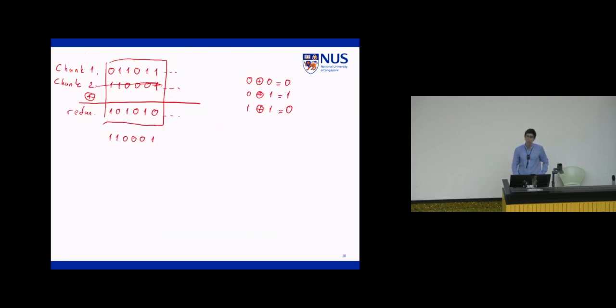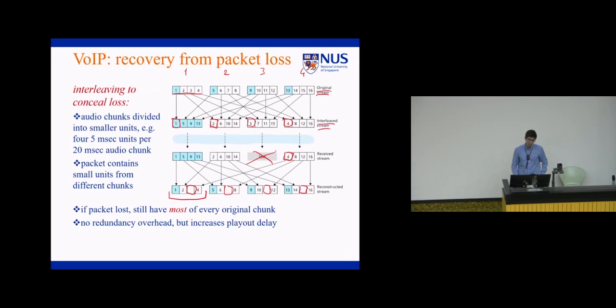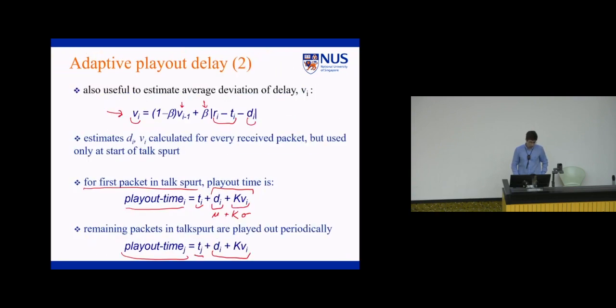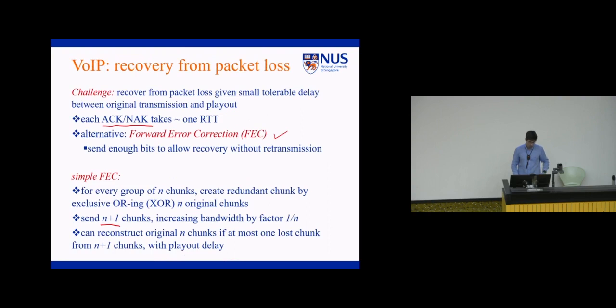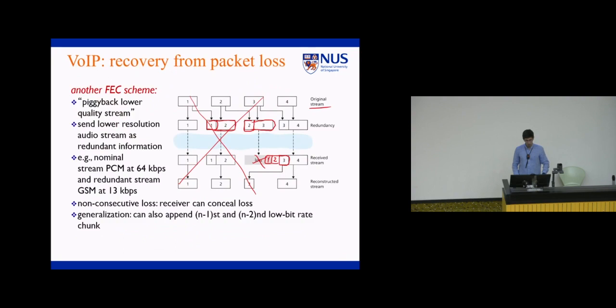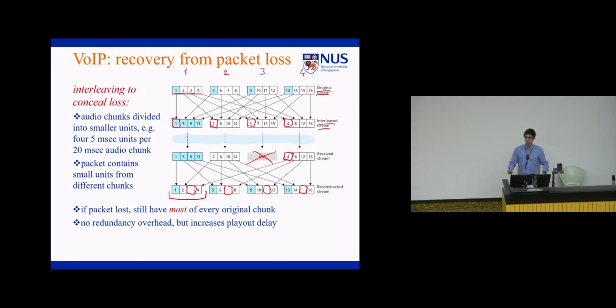Okay, so any questions on recovery or error correction coding schemes? So we discussed forward error correction coding using the XORing method, piggybacking a low quality stream into the next one, and interleaving. So these are recovering from loss, concealing the loss, even if the loss happens.